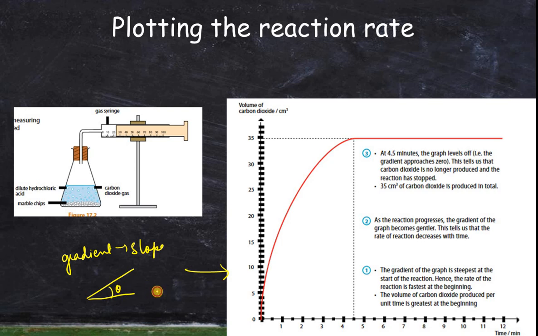So if this is theta 1 and this is theta 2, and theta 1 is greater than theta 2, it means this is a higher gradient than this. So in this graph, at point 1 the gradient is larger than at point 2, and at point 3 the gradient is 0. It means the reaction has stopped. So this is how you can talk in terms of rate of reaction in the graph.